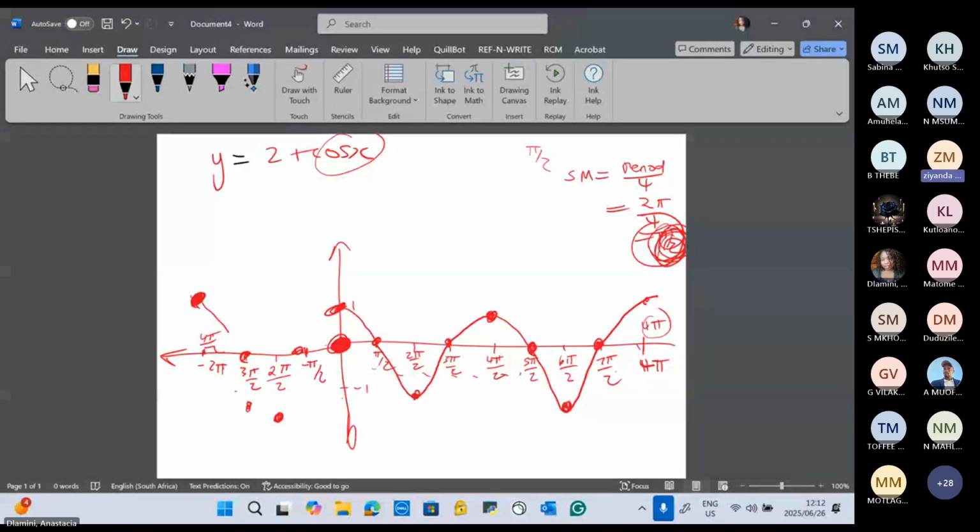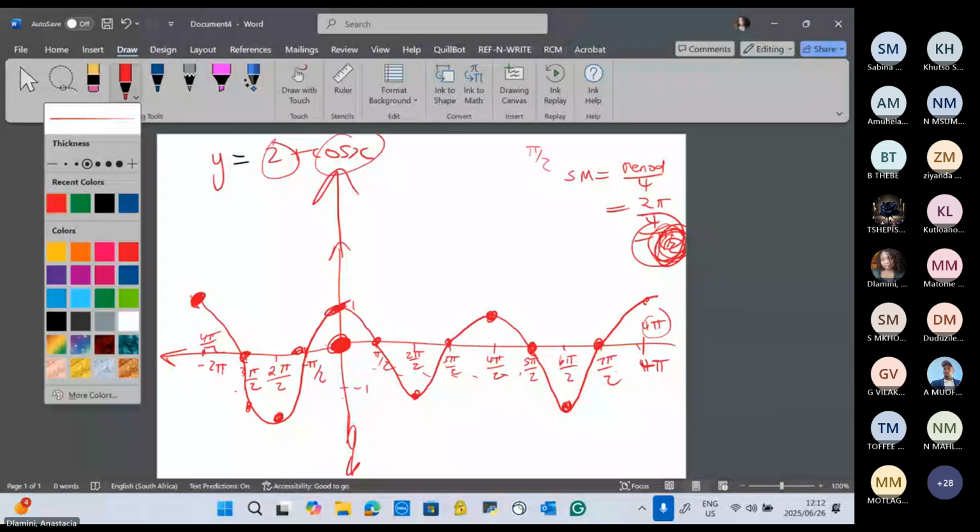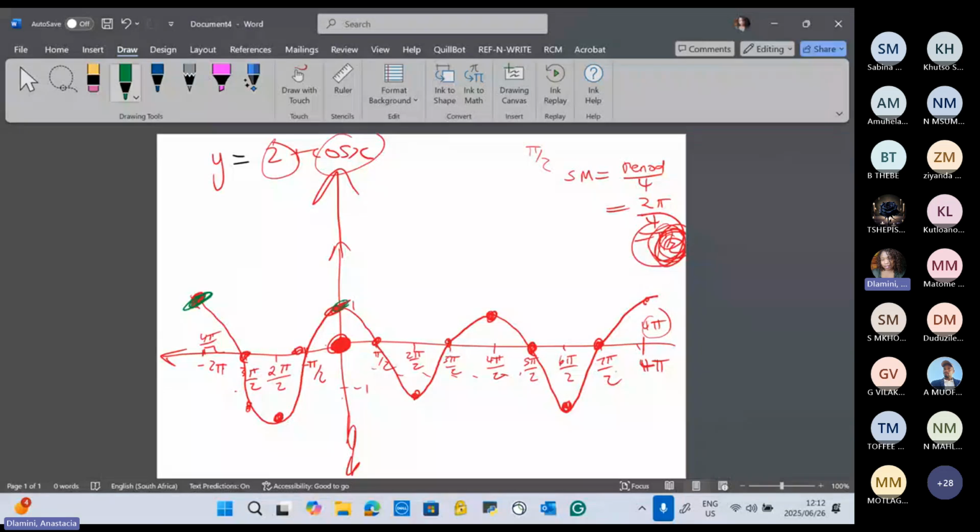Yes, ma'am. Now, because they added 2 units, meaning that every point should be increased by 2 units up. We know this point was 1, isn't it, guys? These points were 1. So when you add 2, what do you get? 3, isn't it? So the point comes here. This point was at 0.